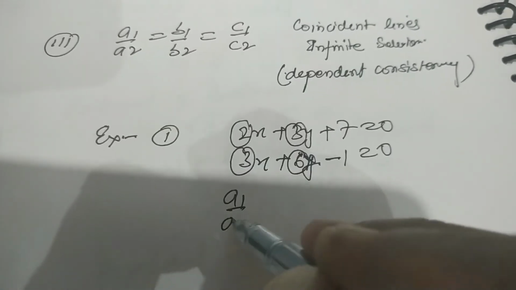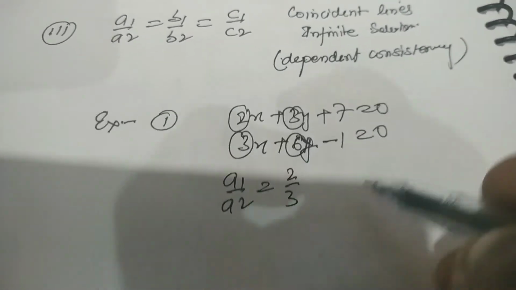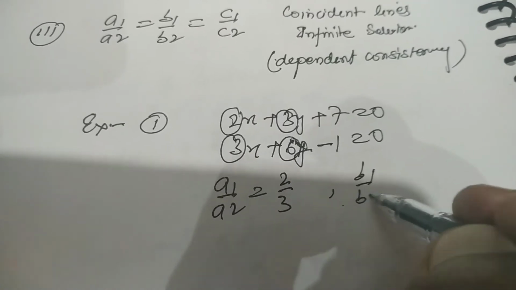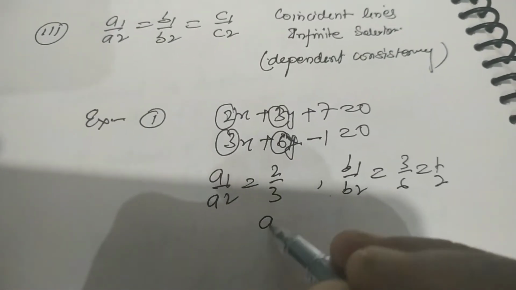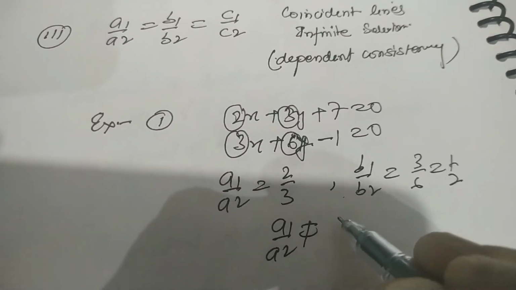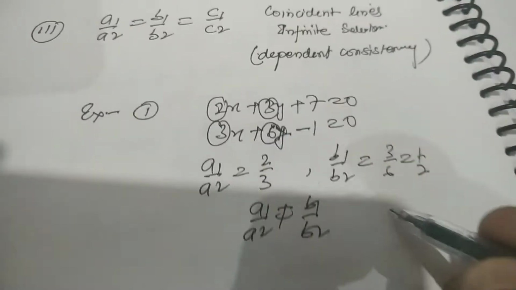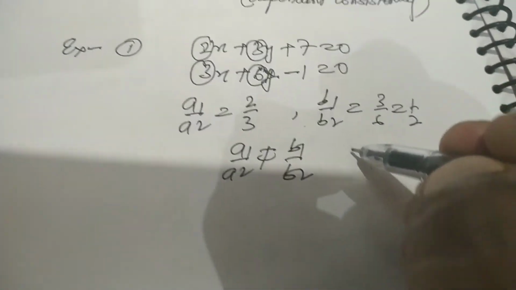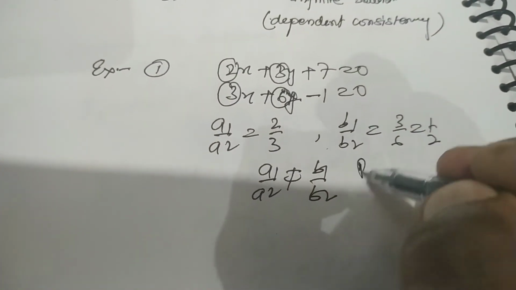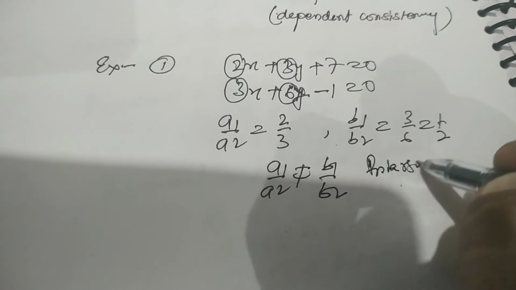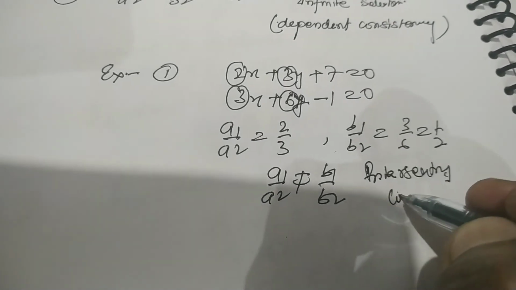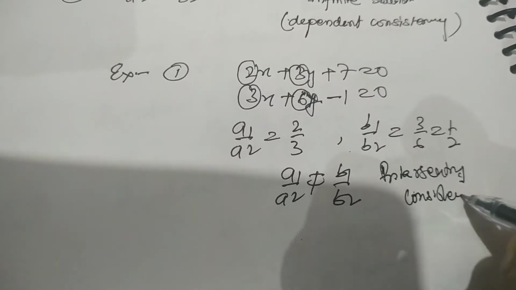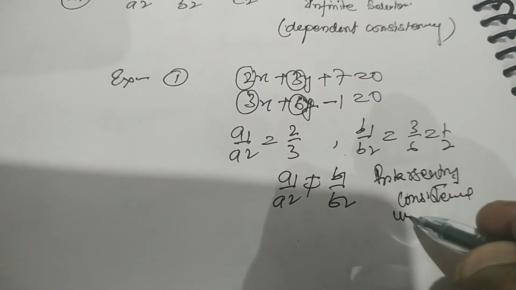Here a1/a2 is equal to 2/3, and b1/b2 is equal to 3/6, which is 1/2. So here a1/a2 is not equal to b1/b2. Such equations are intersecting, and intersecting means consistent, and there is one unique solution.